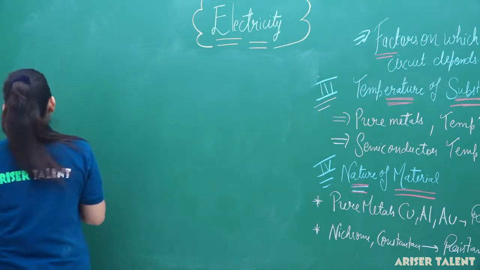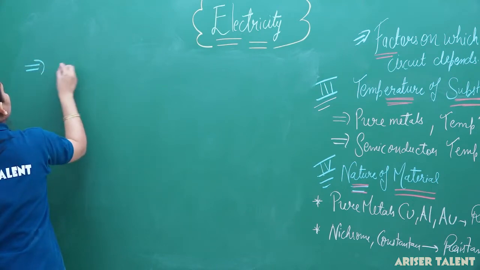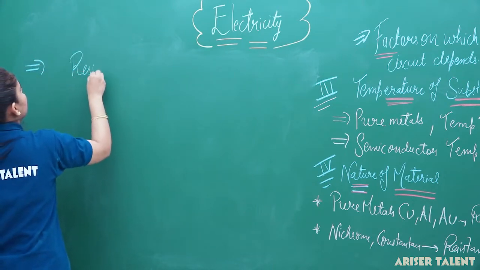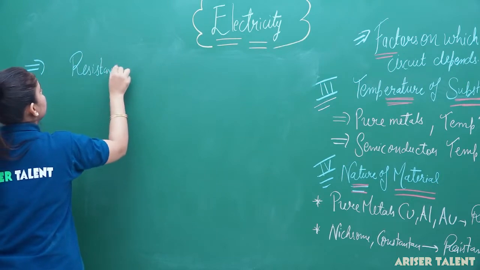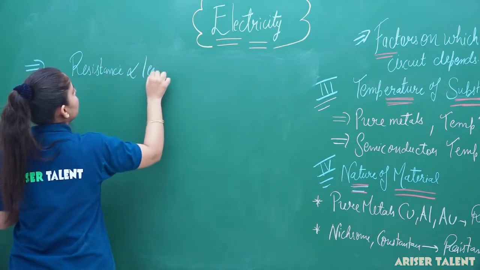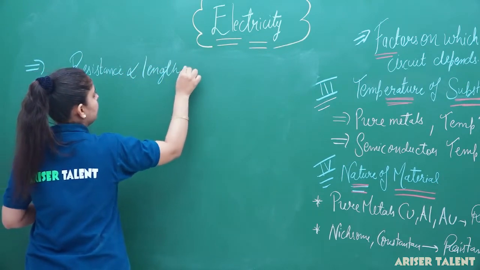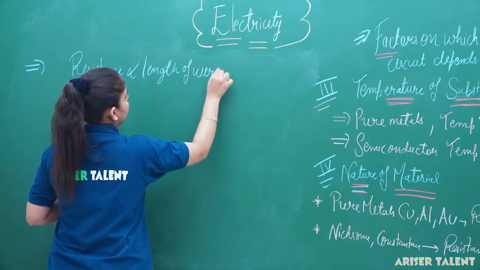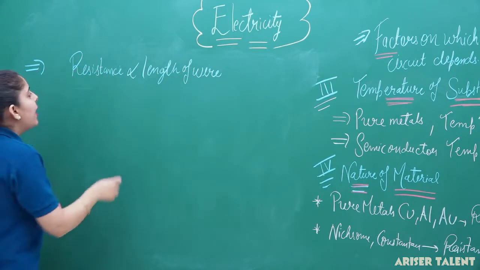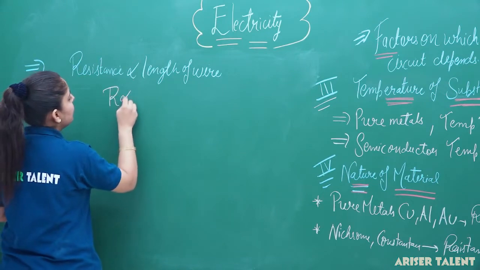What conclusions are we getting? You have seen that resistance is directly proportional to the length of the wire or conductor. So I can write it: R is directly proportional to L.